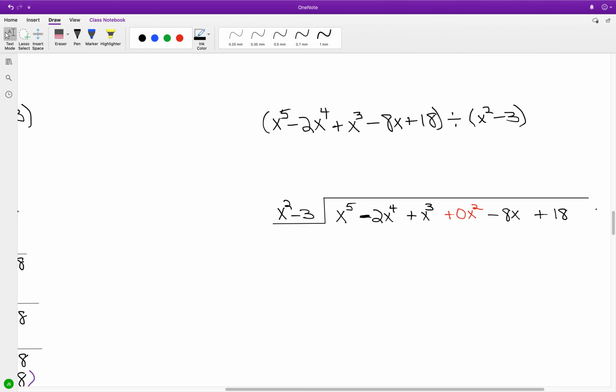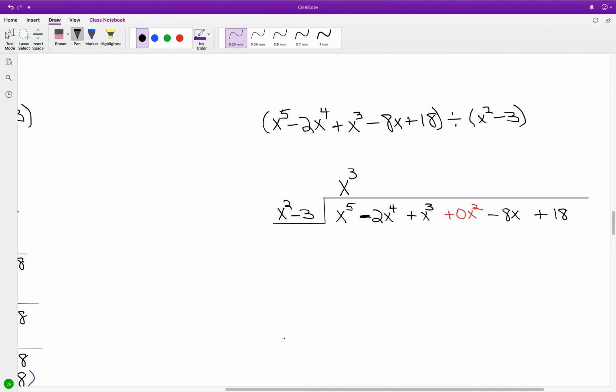Now for the setup with the long division and also ultimately synthetic division, we want to make sure there are no missing degree terms. If you notice from the dividend, we're missing a square term, so I am inputting 0x squared for placeholder purposes. Now for the first term in the quotient, I'm taking x to the fifth divided by x squared, so that will make x cubed.